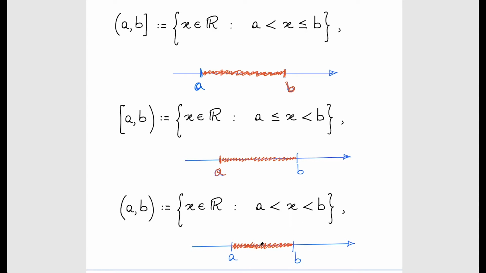Because if you replace x by A, this inequality is going to fail, and if you replace x by B, this inequality is going to fail, and as such A and B are not going to be part of the set.